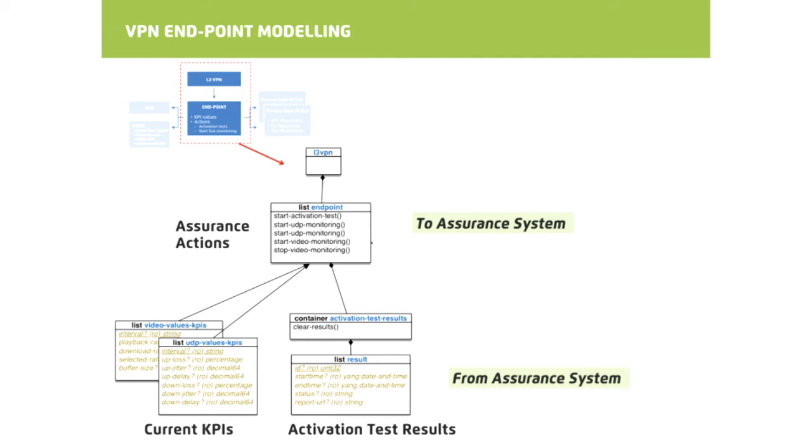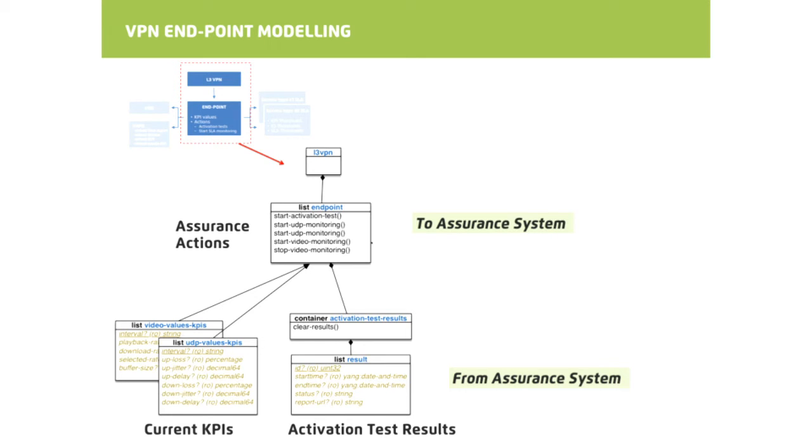You have an endpoint. That endpoint should have assurance actions. So we have actions on your individual endpoint to trigger activation tests, to trigger monitoring. So these are actions in the data model that are sent to the assurance system, which Mats will describe pretty soon here.